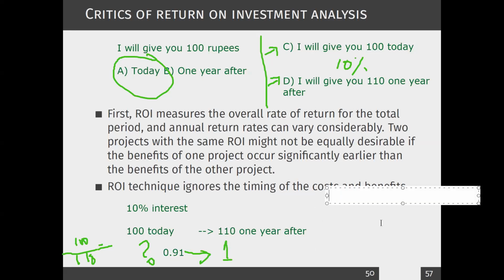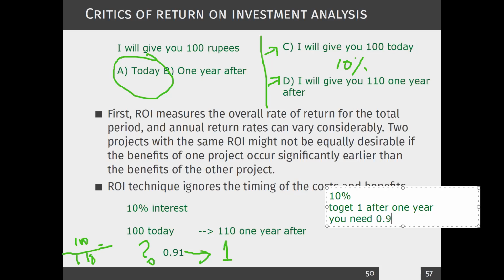So the question that I have asked: if you have a 10% interest rate, to get 1 after 1 year, you need 0.91 today, right? To get 1 after 1 year, you need 0.91 today. Got my point? Okay.